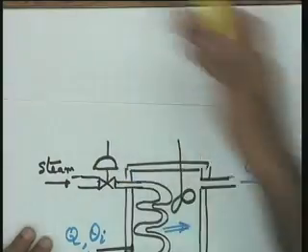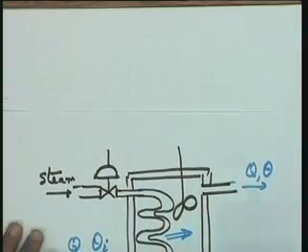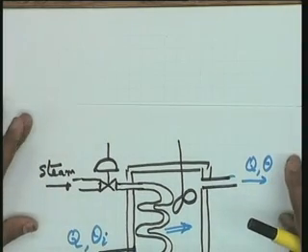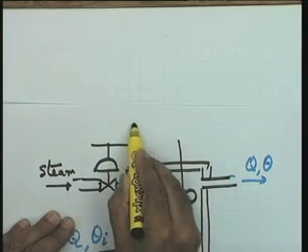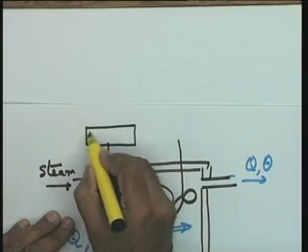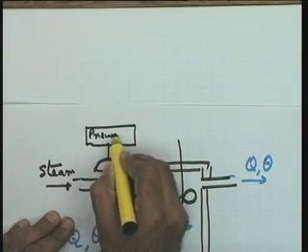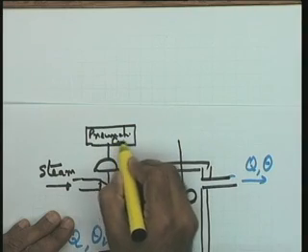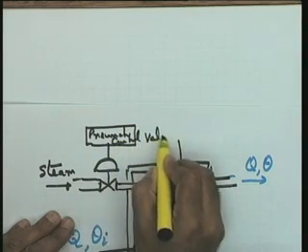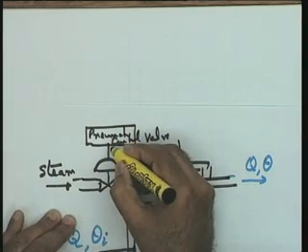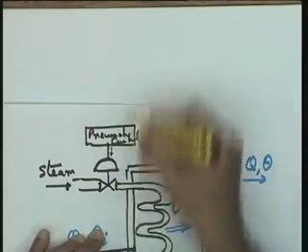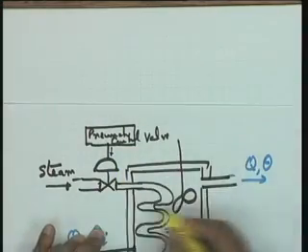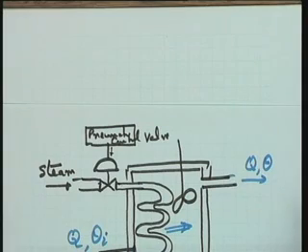So, if I proceed backwards, suppose I have decided that I want to go for a pneumatic control valve. I think this picture is all right, I could take it here. So, here I have a pneumatic control valve. Please see, in this particular case, the stem movement is controlling the movement of this valve.